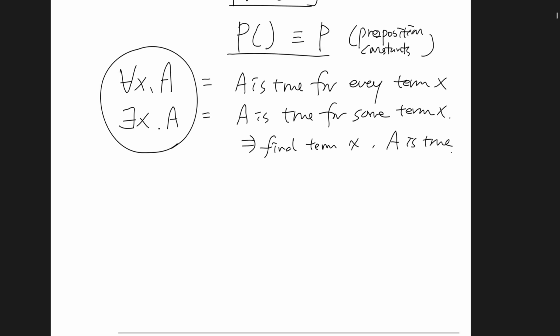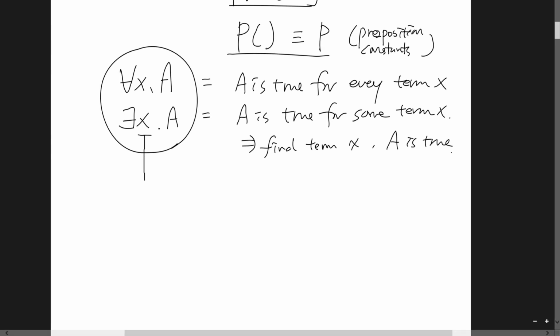And we don't actually specify the category or the kind of this object. So in that sense, we are actually talking about pure first-order logic. So when we have this for all x dot A, we don't actually specify the type or kind of x.